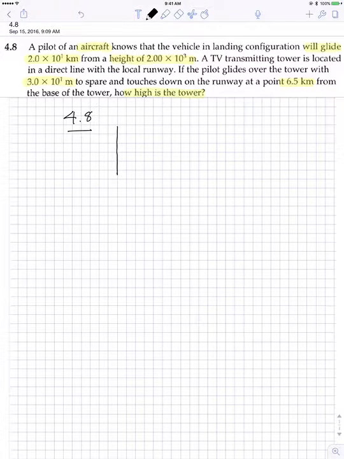Okay, so I think we can visualize the plane landing as forming a triangle. Okay, and we know that the tower, the transmitting tower, is somewhere in here. It was given that this height here was 3 times 10 to the first.